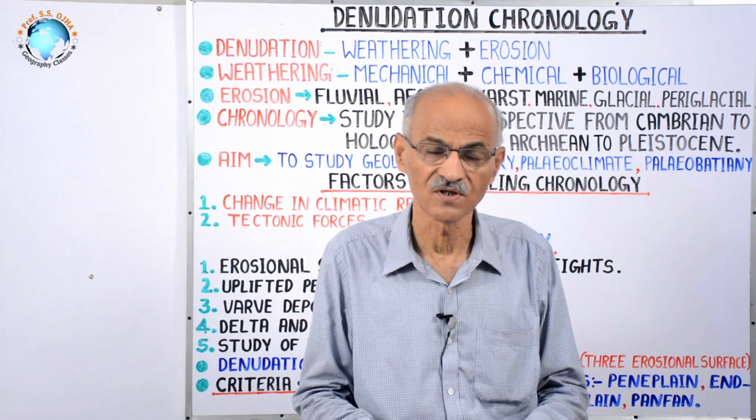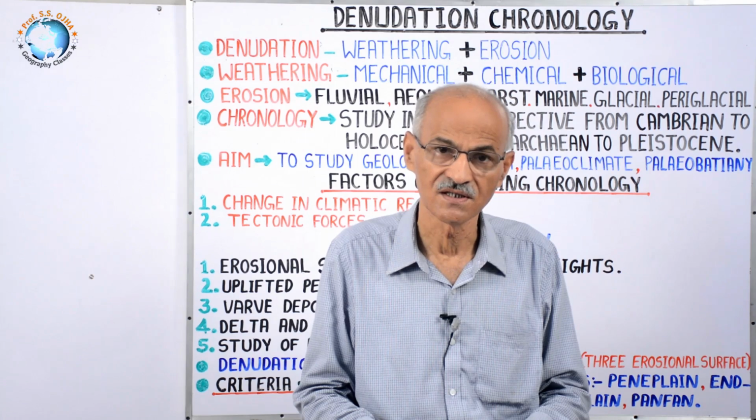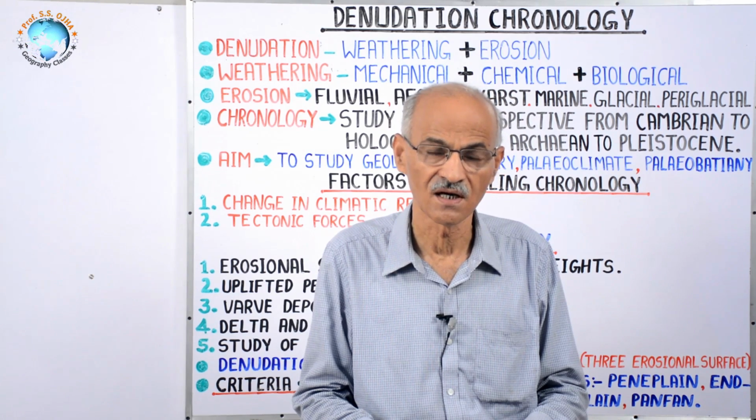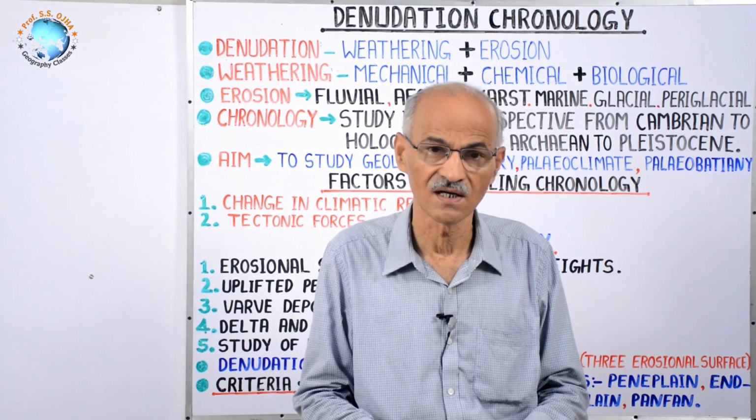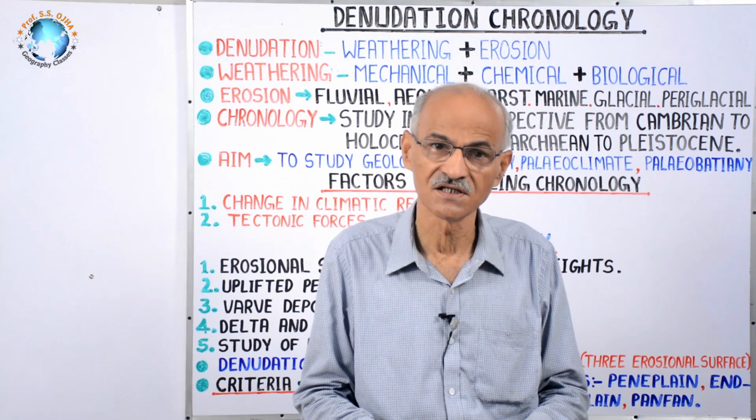It means time perspective. If we see present, then present is key to the past and present tells about the past. For example, if we study Himalayas, it has its history.